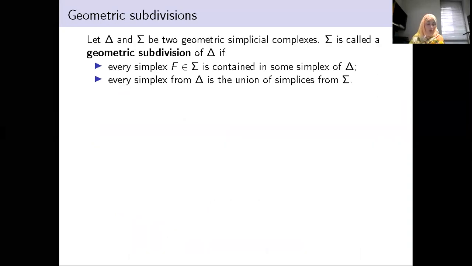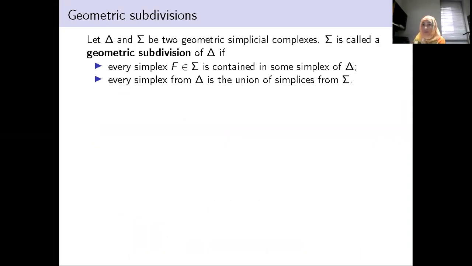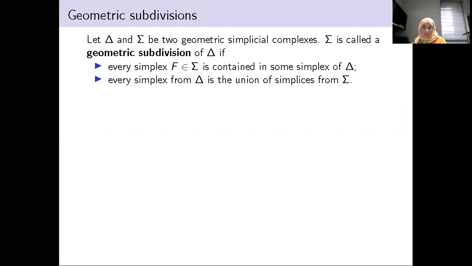Okay, so now let me go to the subdivisions. Here I'm just talking about geometric subdivision. Subdivision is a very important tool, and this study starts from Stanley's paper. He asked what will be the effect on the h-vector if you subdivide your simplicial complex.